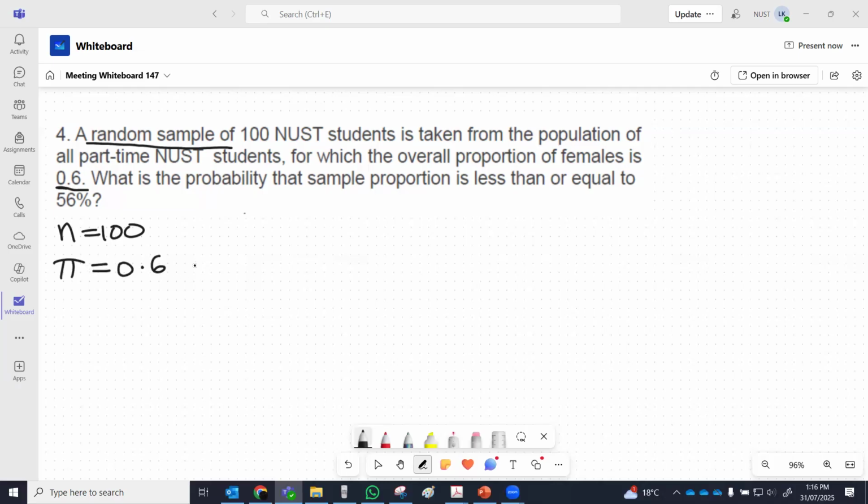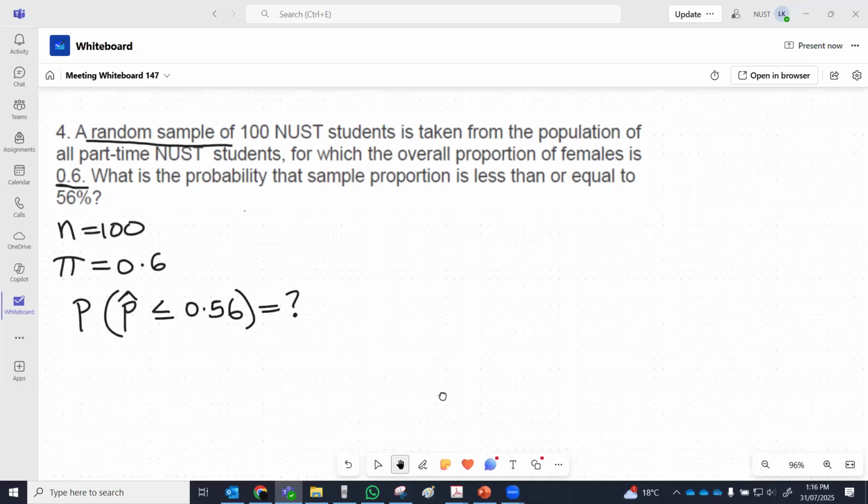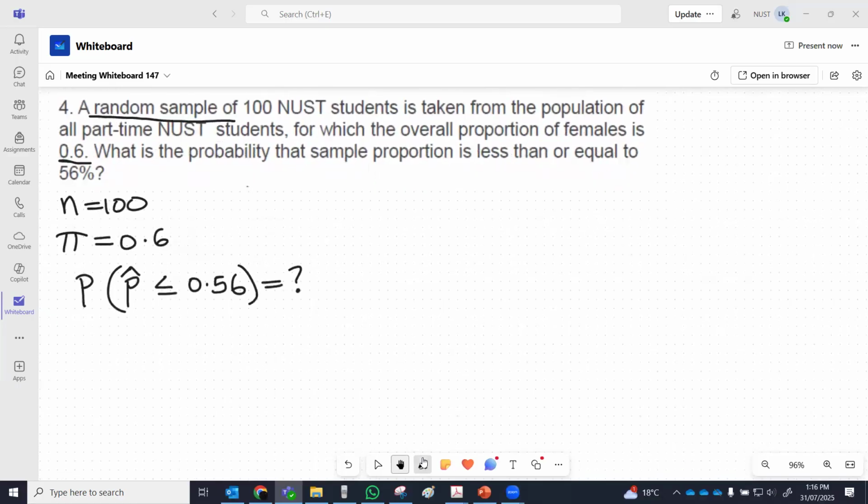Okay, and what are we looking for? The probability that the sample proportion is less than. So the proportion p hat in the sample is less than or equal to 56%. And remember, we don't write it as 56%. We either write it as 0.56 or we write it as 56 over 100. This is the probability that we are looking for. Then the next thing is standardizing.